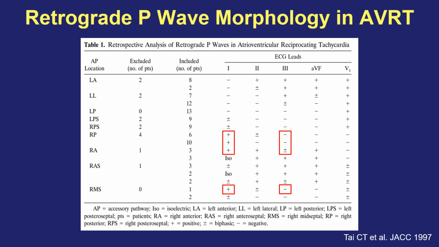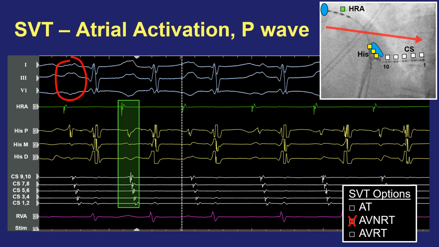But look, there's no combination of positive in 1 and positive in 3 that was seen during right-sided accessory pathways. And therefore we can conclude, again, maybe put a little asterisk by it and do other maneuvers to prove this, but we can strongly suggest that this tachycardia is not going to end up being AVRT, because this P wave morphology is not consistent with retrograde conduction over a right-sided pathway according to existing data and the anatomy that we know the heart follows in terms of P wave morphology and where pathways can be located.